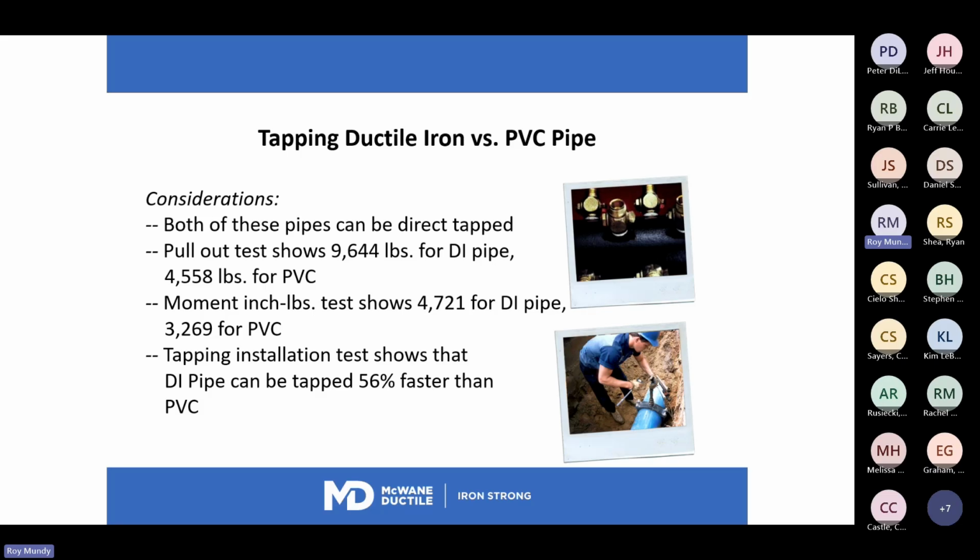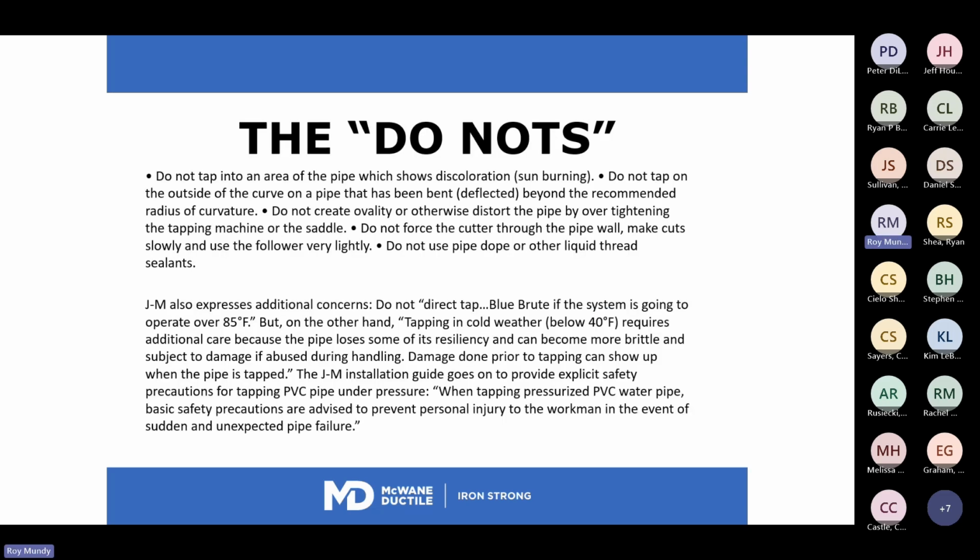And no surprise, because of the stiffness and strength of ductile iron pipe, it is much superior to PVC pipe in that scenario. However, this is what Tom is more concerned about when it comes to tapping these two pipes.